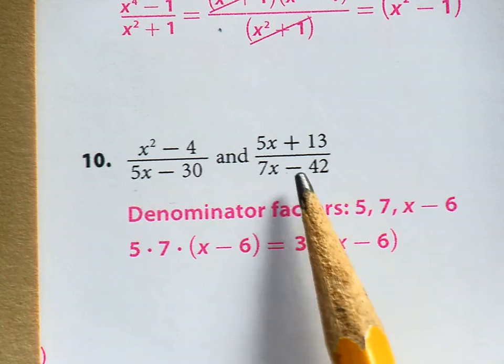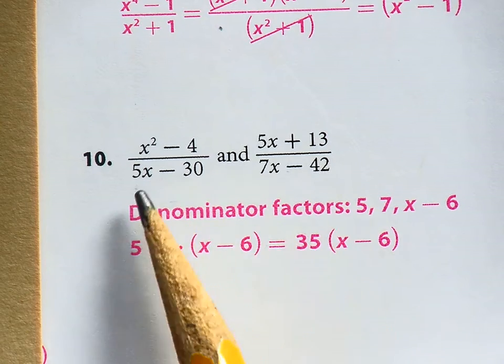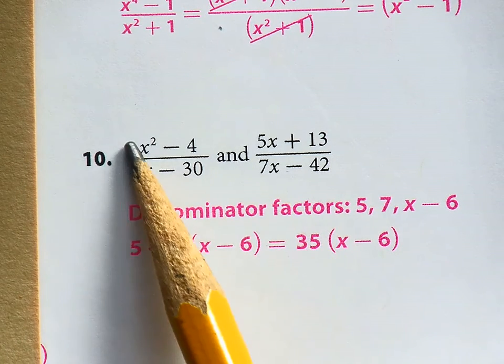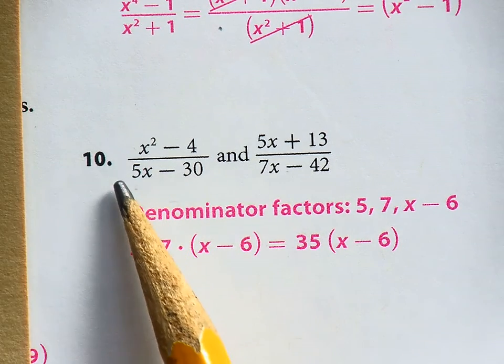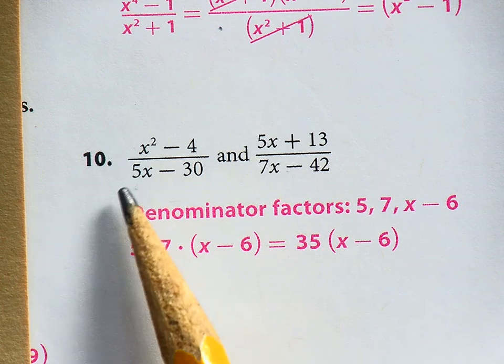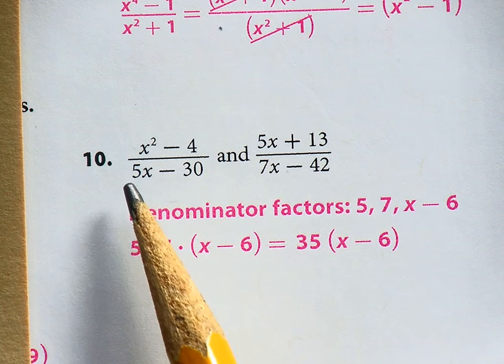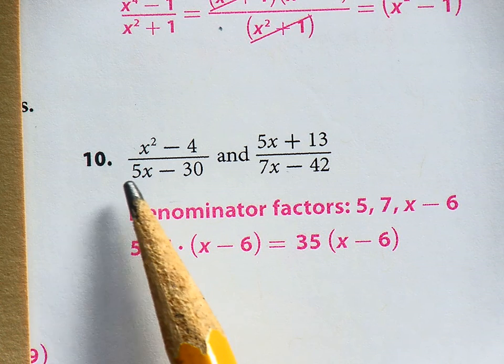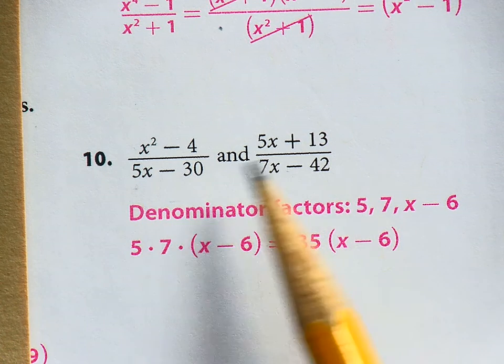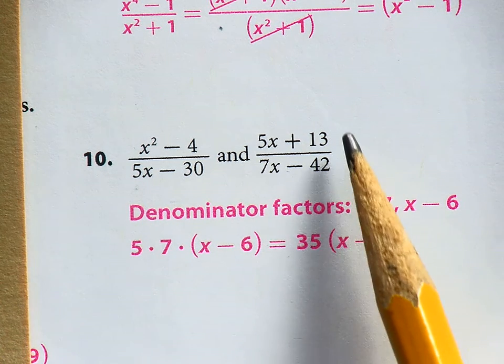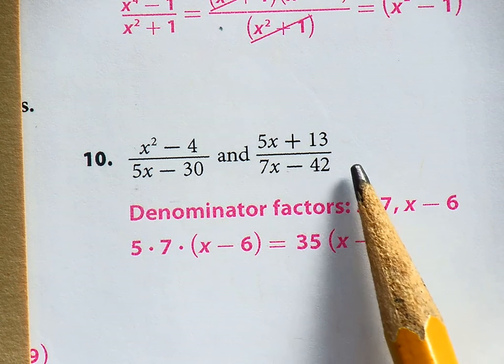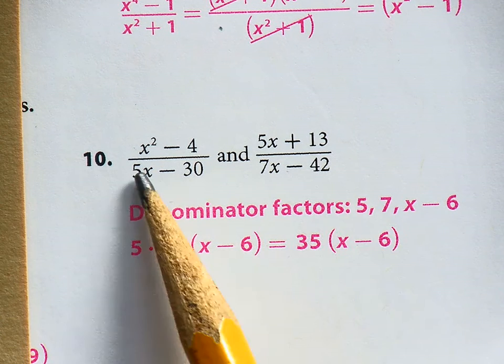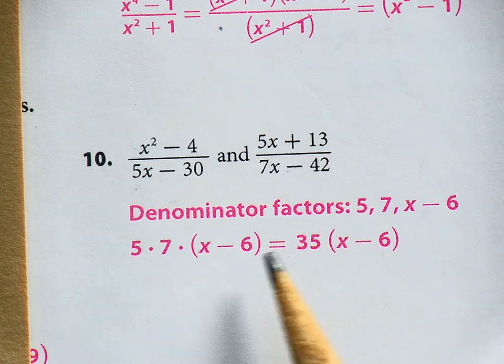If we were trying to make these have the common denominator, I'd have to multiply this entire fraction by 7/7 to get my 7 down here in the denominator, a unit fraction, and this one over here by 5/5, because this one still needs a 5, this one needs a 7.